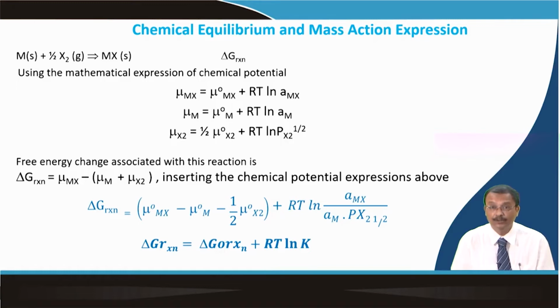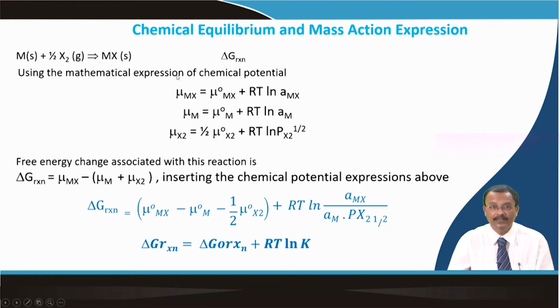Now, chemical equilibrium and the mass action expression are also related. Let me define a simple relation where a metal in solid state reacts with some kind of gas to form, say, a metal oxide, and the reaction free energy we take as ΔG reaction.